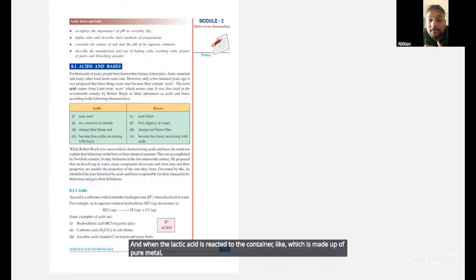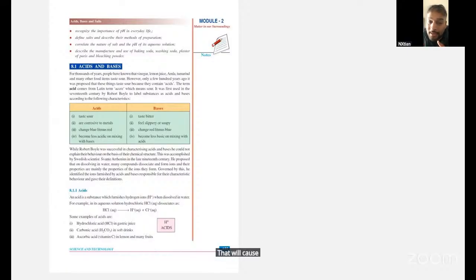Why? Because curd has lactic acid, and when lactic acid reacts with the container made of pure metal, the strength will degrade. Even some harmful salts will form, which is harmful for your body.